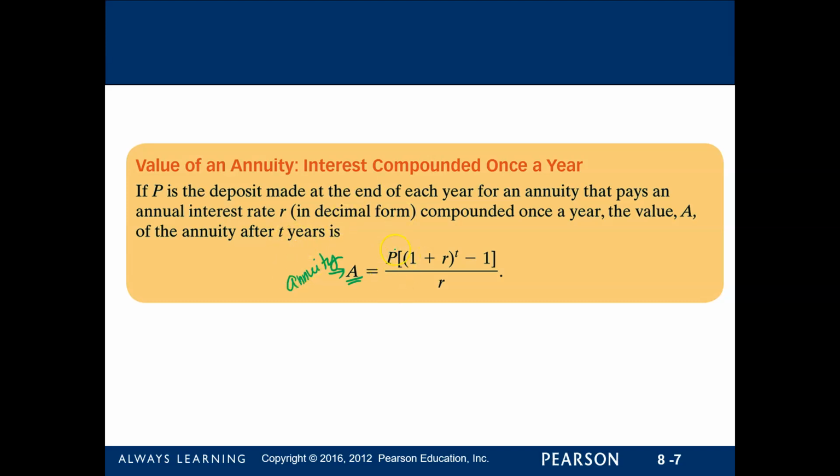P is still the principal or the deposit in this case. R is the rate. T is going to be pretty much the number of years, because it's compounded once a year. And you will see there's no N because this is compounded once a year. So this is the formula that we will use.